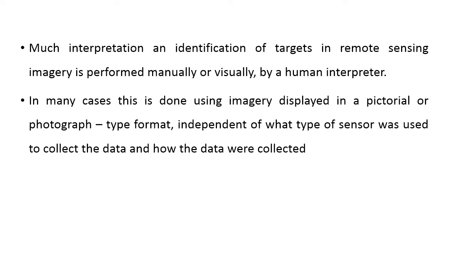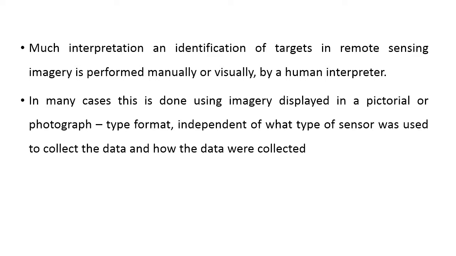In many cases, this is done using imagery displayed in a pictorial or photographic type of format, independent of what type of sensor was used to collect the data and how the data were collected.